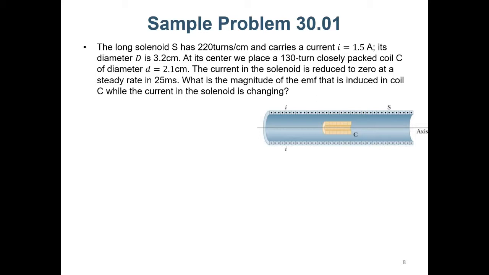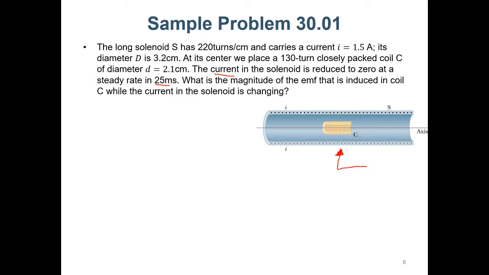What is the magnitude of the EMF induced in the coil C when the current in the solenoid is changing? This setting is similar to the lab, although there you provide an AC signal rather than DC, or something like the current being reduced linearly.